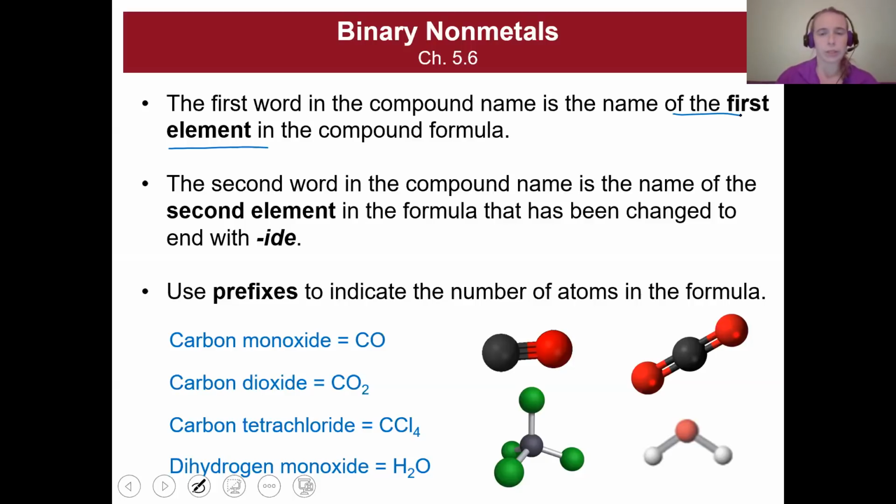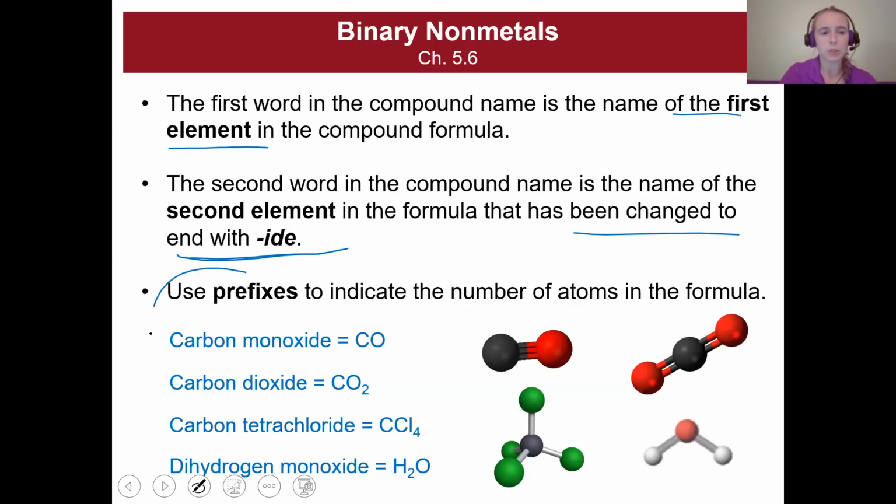The second word in the compound name is pretty similar, so the second word in the compound name is the name of the second element where we change the ending to "ide." So far it looks pretty similar to ionic compounds, except that we have 2 nonmetals. So we have the first nonmetal written out completely, and then the second nonmetal we have with the "ide" ending, just like we did before.